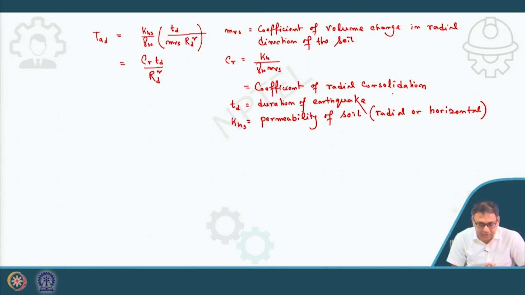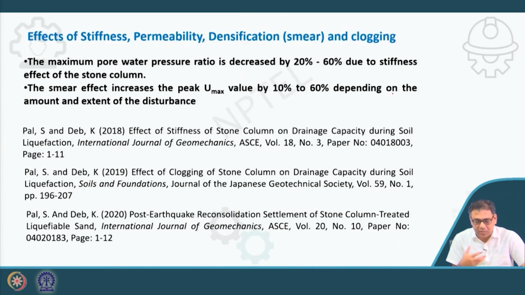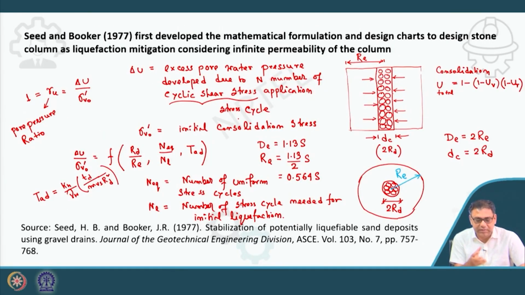In the next stage we will consider all these effects, and then we will develop further or modified design charts. Different researchers have worked on this area to incorporate those effects, and their studies are available. The basic approach is by Seed and Booker. After that, different researchers have worked to incorporate the permeability effect and the densification effect in their analysis.